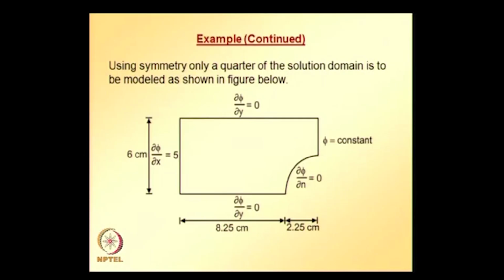This is assigned arbitrarily, since potential is equal to a constant, and that constant value is taken as 50 just arbitrarily. The boundary conditions along the top and bottom face of this model are the partial derivative of potential with respect to y equal to 0, which are indicated in the figure, and all the details of the geometry are shown in the figure.